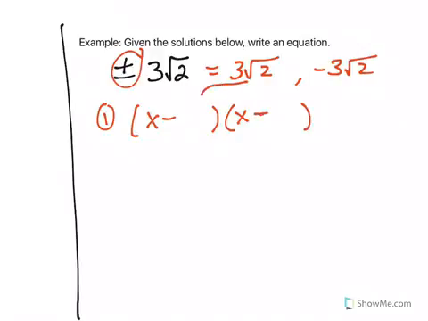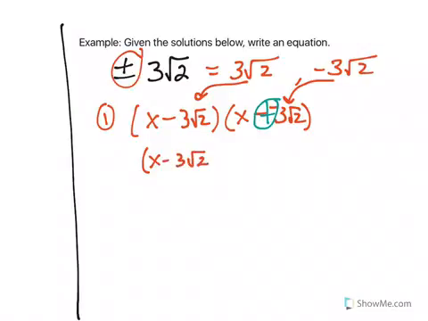The first one I'm going to put in is x minus 3 radical 2. And then the second one I'm going to put in is negative 3 radical 2. Be very careful that if you have a negative sign, you put that in there, because that's going to change this to a positive. So I'm going to rewrite it as x minus 3 radical 2, x plus 3 radical 2.